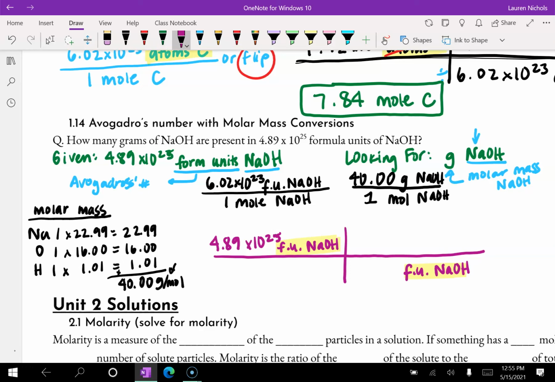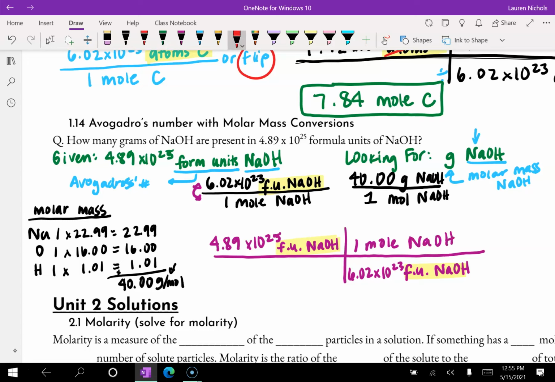I've got two fractions, Avogadro's number and molar mass. Avogadro's number is right here, but because it's at the top, I need to flip it. So 6.02 times 10 to the 23 will go at the bottom, and my 1 mole of NaOH will go at the top.